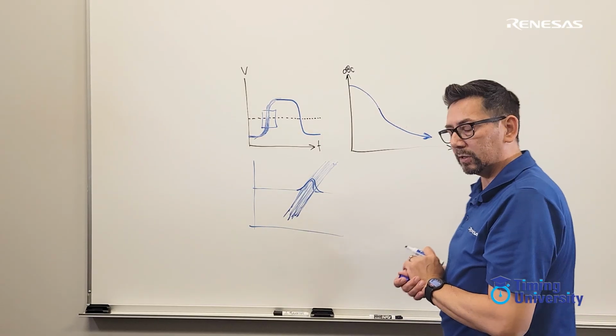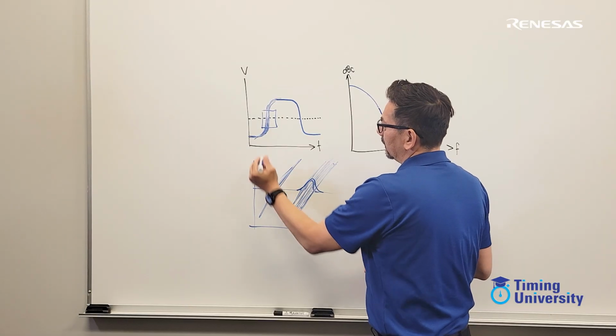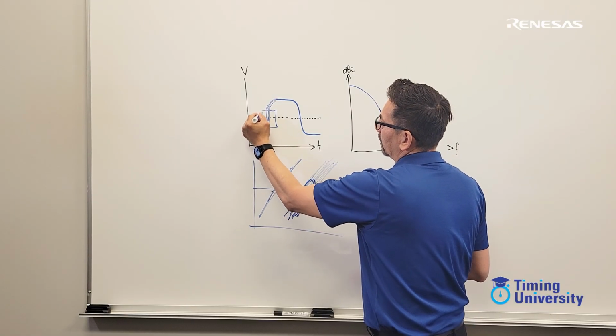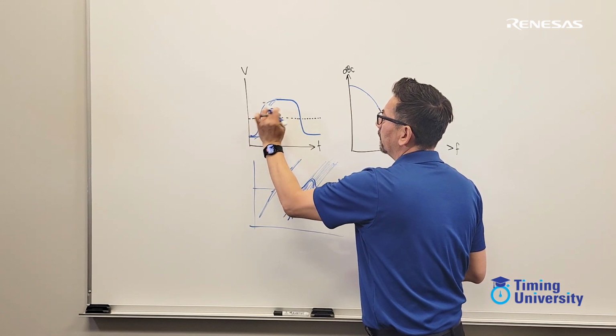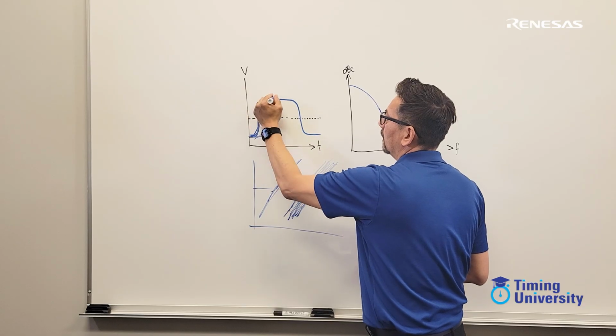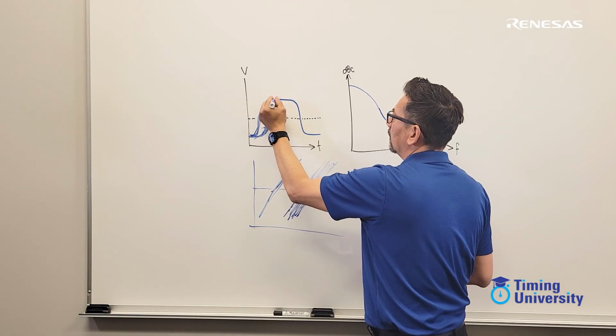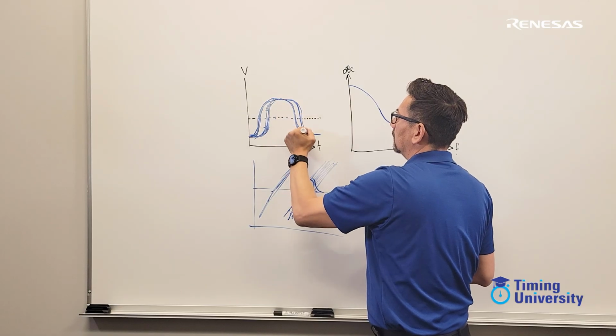Now, deterministic jitter in the time domain is going to show up as another crossing. So let's say this waveform all of a sudden jumps and it crosses earlier. Let me get rid of this little rectangle. And now this crosses earlier and sometimes later. And likewise, this crosses earlier and sometimes later.